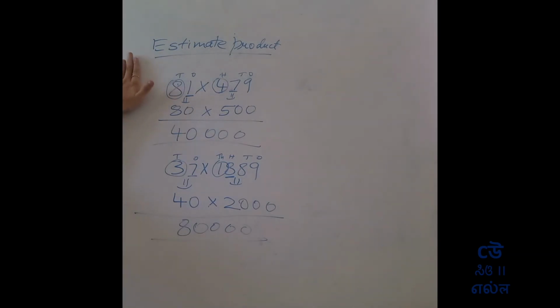You saw the three estimations. Understood, children? In product you can circle the highest place value and consider the numbers.